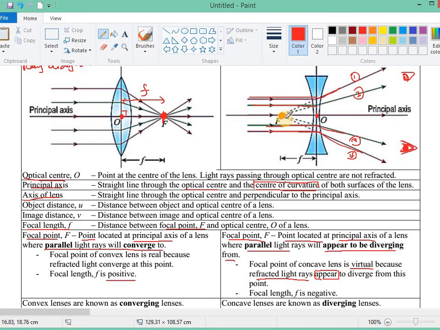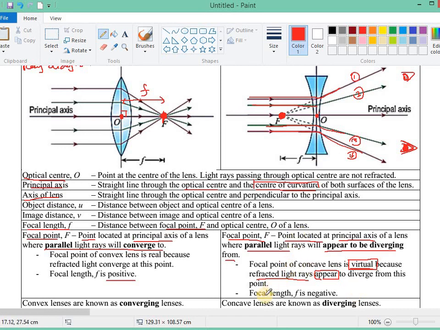That is why we say that it appears to diverge from this point. So we say that the focal point of a concave lens is virtual.